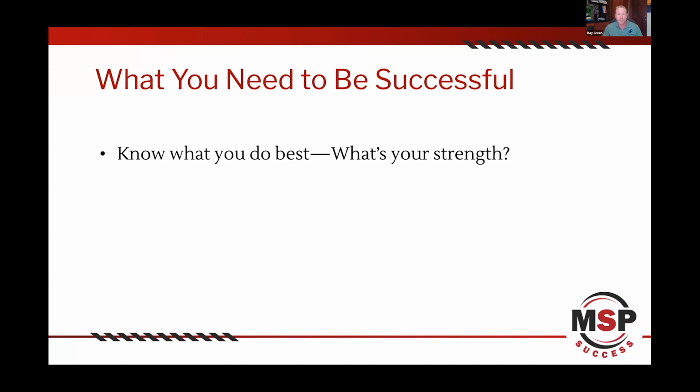Is it proactive monitoring? Is it your ability to solve problems before they happen? Is it transparent reporting? Is it speed? Is there something that you do differently? And you need to know exactly what you do better than your competition, because that is the basis of your wedge, so that it can play into your unique selling proposition.